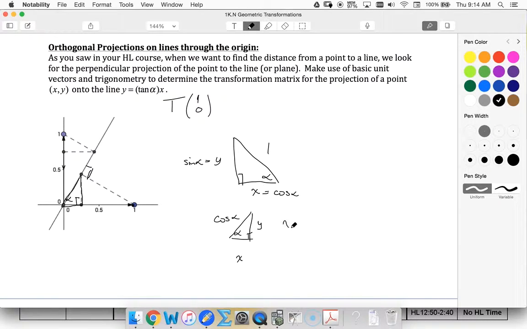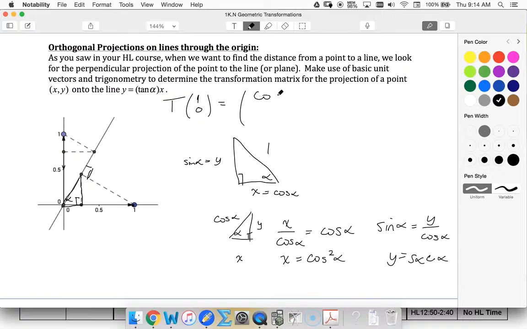All right, so x over cos alpha is also equal to cos alpha. So our x side is cos squared alpha. Our y side, so sine of alpha is y over cos alpha. So y is sine alpha cos alpha. I'm just going to abbreviate there. So now I can write my vector here, cos squared alpha, sine alpha, cos alpha.